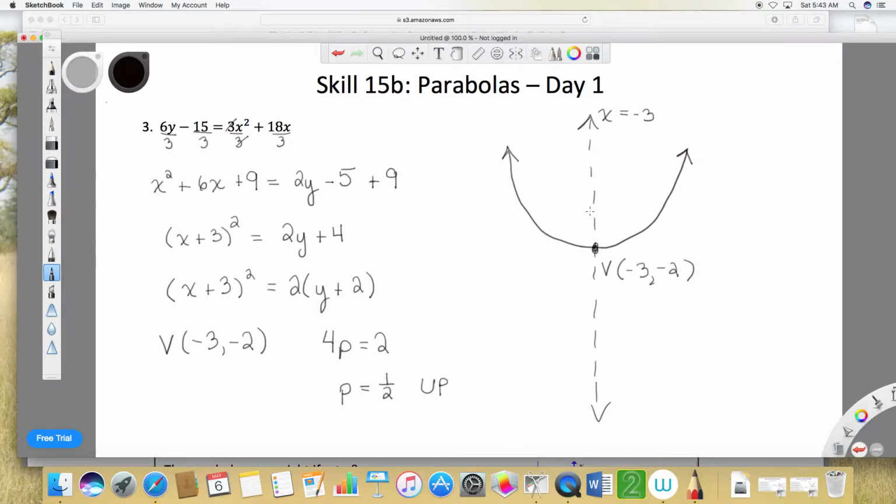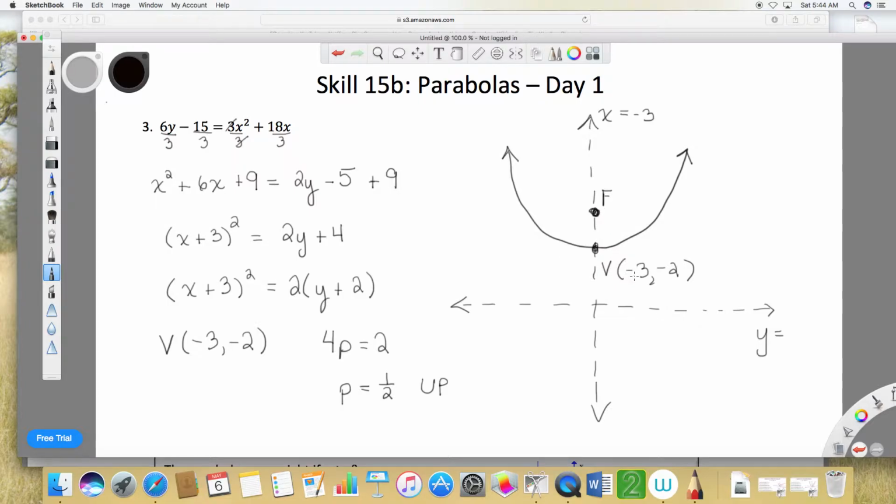And this parabola, inside the bowl of that parabola, is a point that we call the focus. And here below the parabola is a line that we call the directrix. So you go half a unit up. Well, up is controlled by the y variable, up and down.